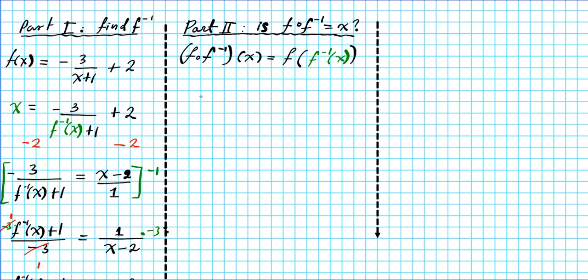To help us stay organized, we'll start by writing down the outer function. The outer function is f of x. f of x equals negative 3 divided by x plus 1, plus 2. Now we'll proceed to get the outer function prepped. We will clear out all the x's and replace them with parentheses.